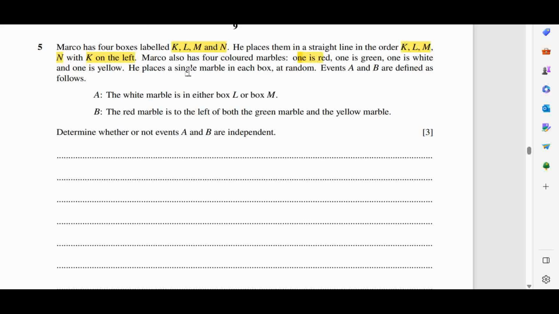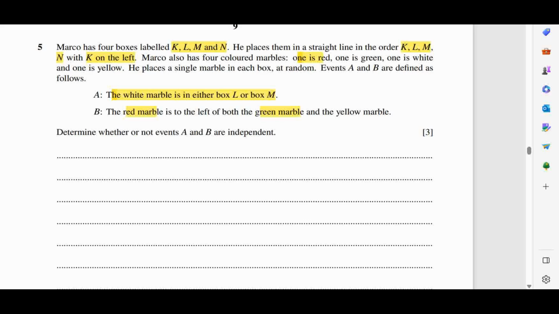He places a single marble in each box at random. Events A and B are defined as follows. Event A: the white marble is in either box L or box M. Event B: the red marble is to the left of the box with the green marble, yellow marble. Determine whether or not the events A and B are independent.